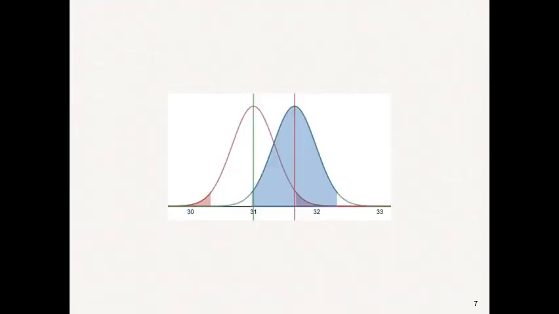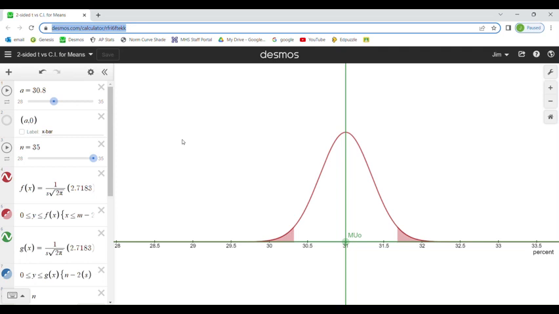And we can see that same idea here if I open up the Desmos and talk about the same example. Okay, so here is my Desmos file that I want to use to compare significance tests with confidence intervals.